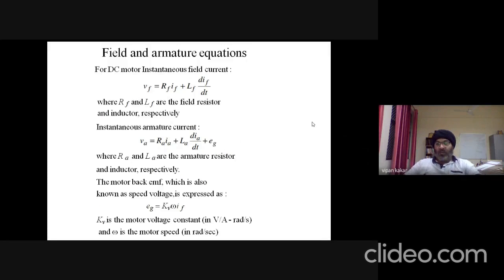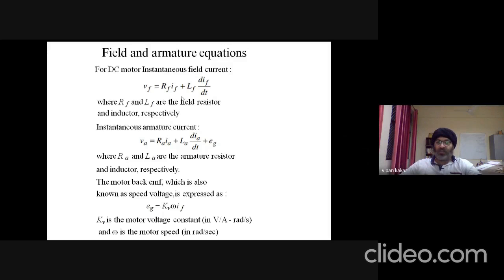Okay, so now we know the advantages of DC motor drives, and the disadvantages also, but we'll be talking about the advantages. Because of these advantages, these DC motor drives are still popular in industry for low and medium power applications.